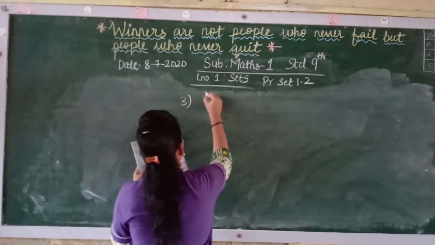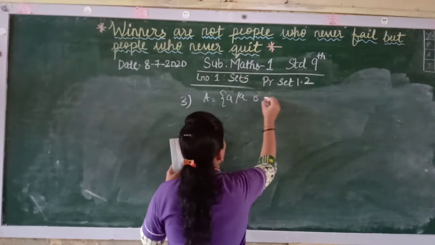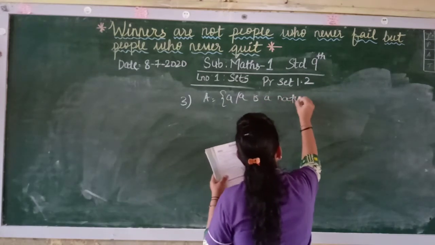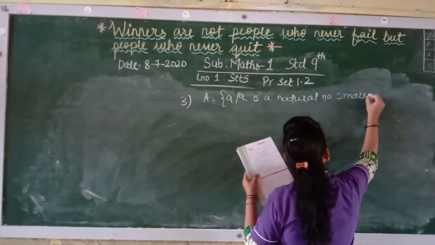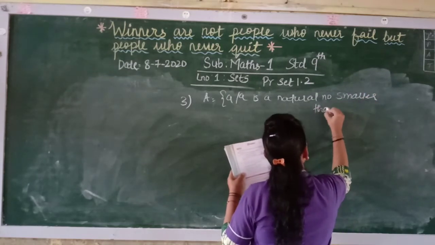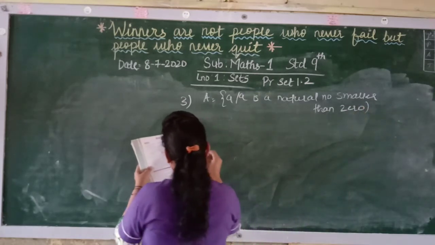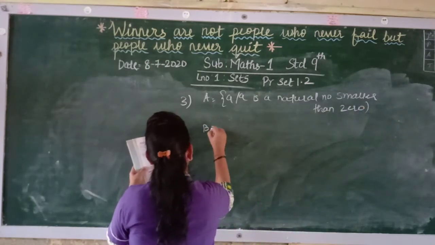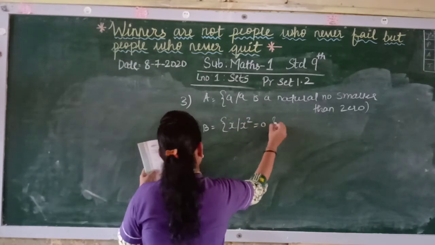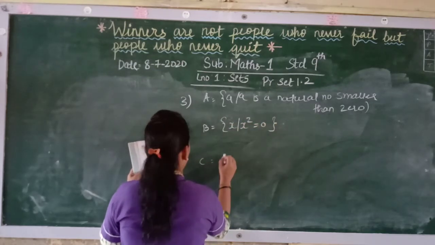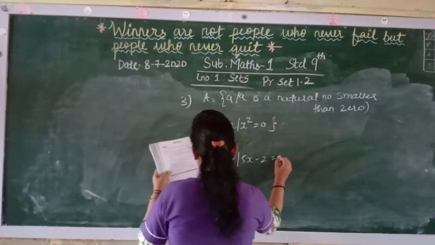Now see the first one, A is the set of natural numbers smaller than 0. B, the set of x such that x square is equal to 0. C, the set of x such that 5x minus 2 is equal to 0.